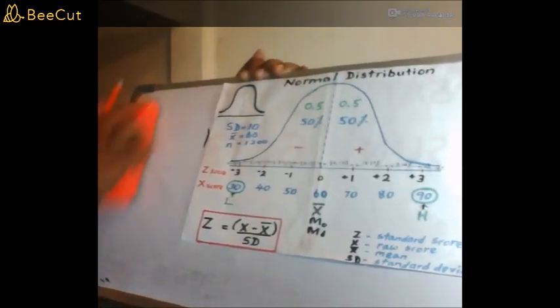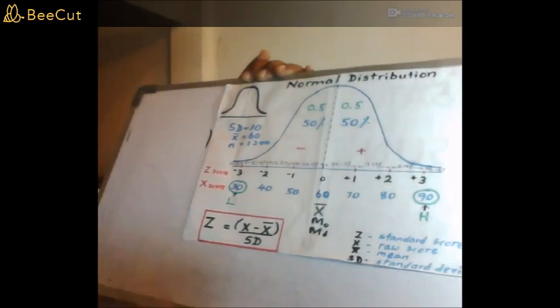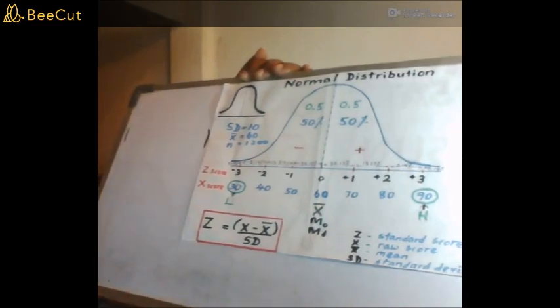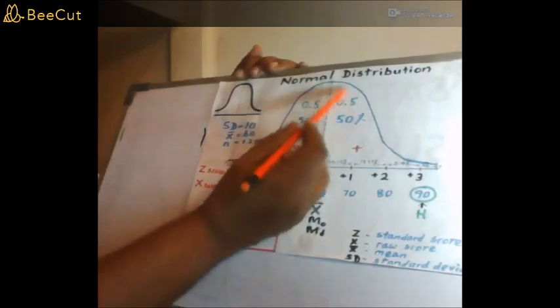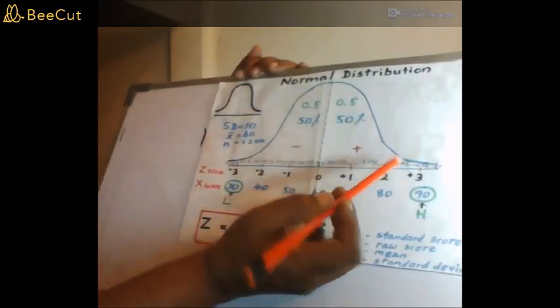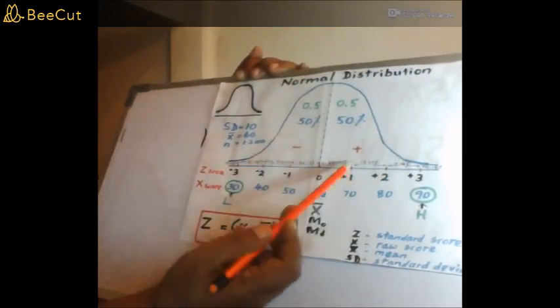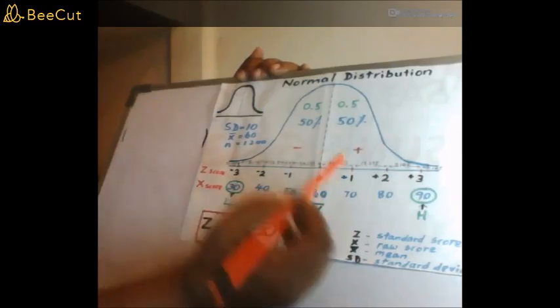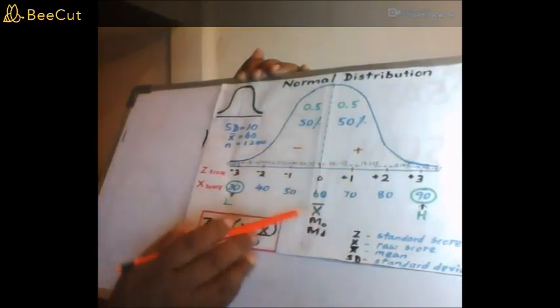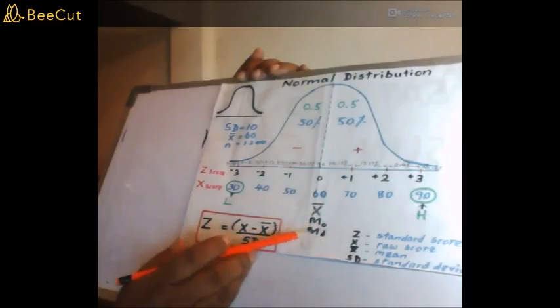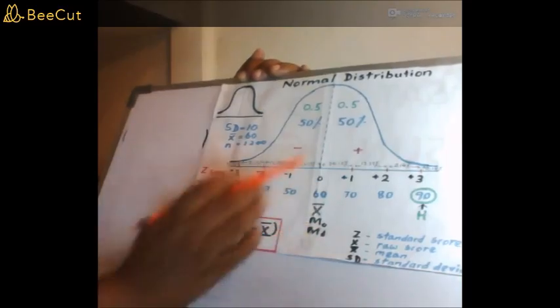So far what we have done, we are going through the assumptions now. So first assumption, the curve takes a bell shape. It has a symmetrical form. Third one is x bar equals mode equals median.